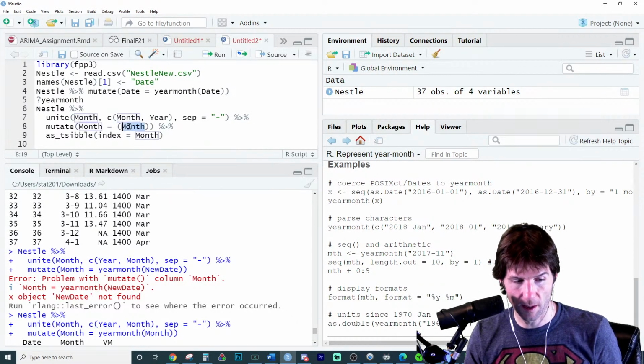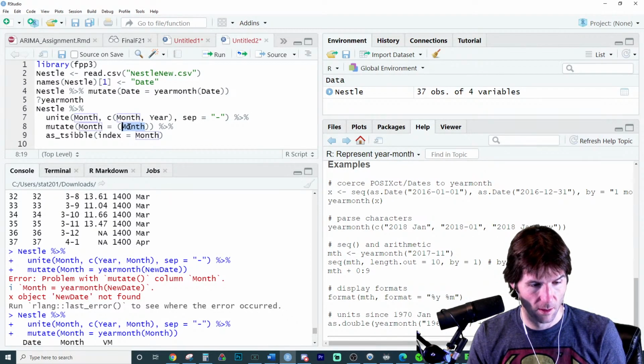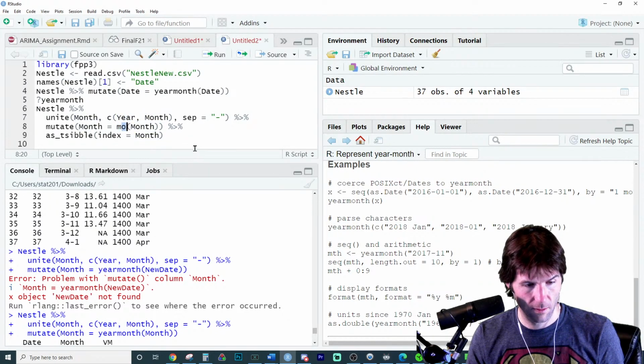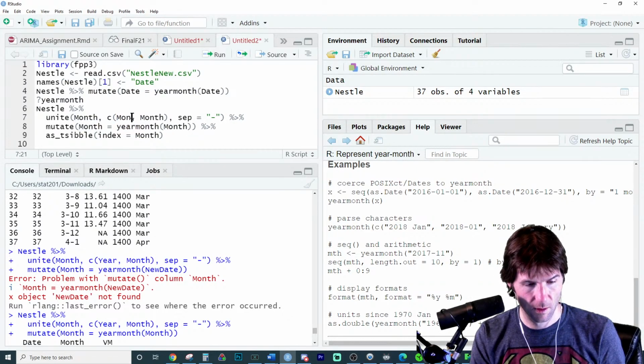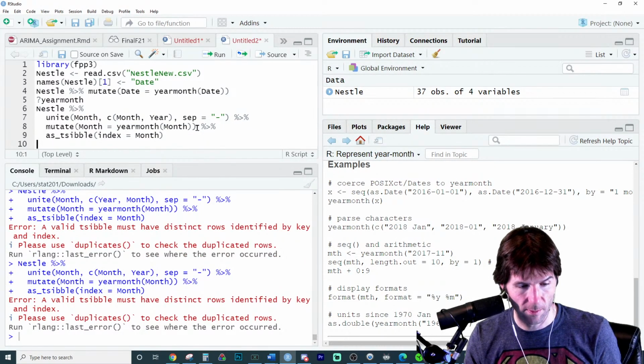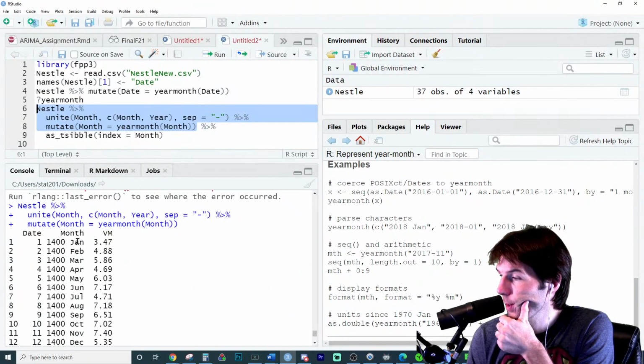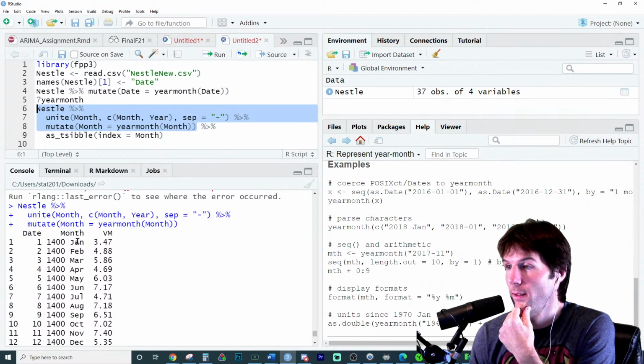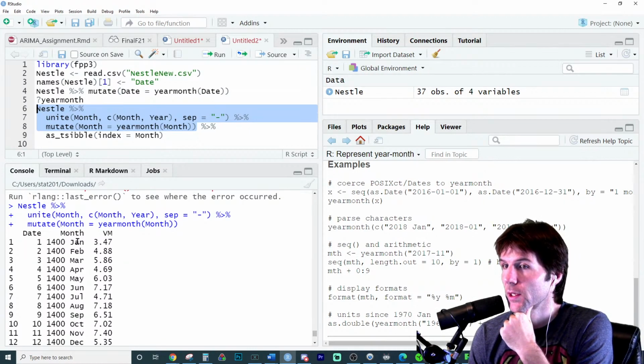I don't know if this will fix the problem. Okay. Didn't fix the problem. Let me look at what's running through. Oh, we don't need the unite? Okay. My day is different than yours.